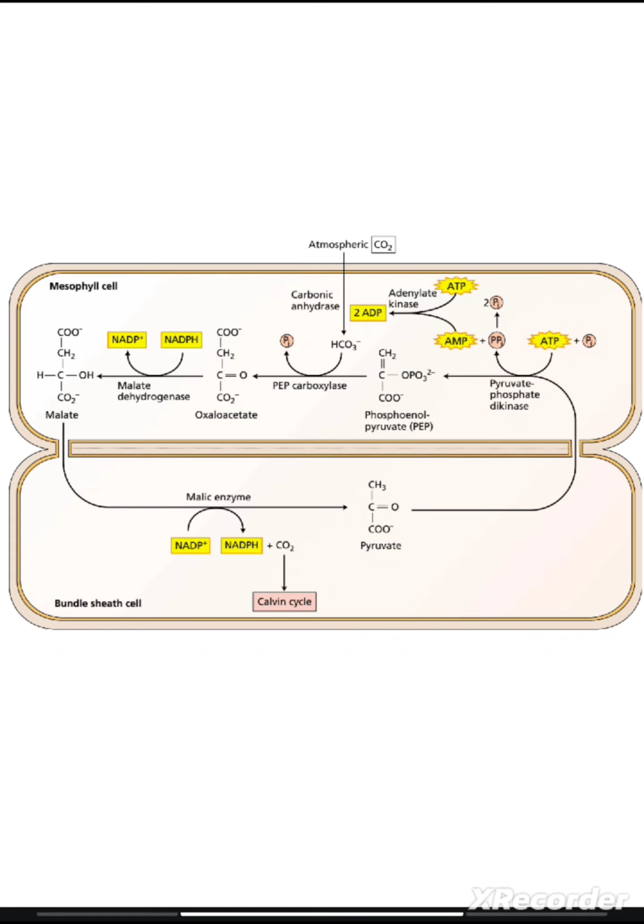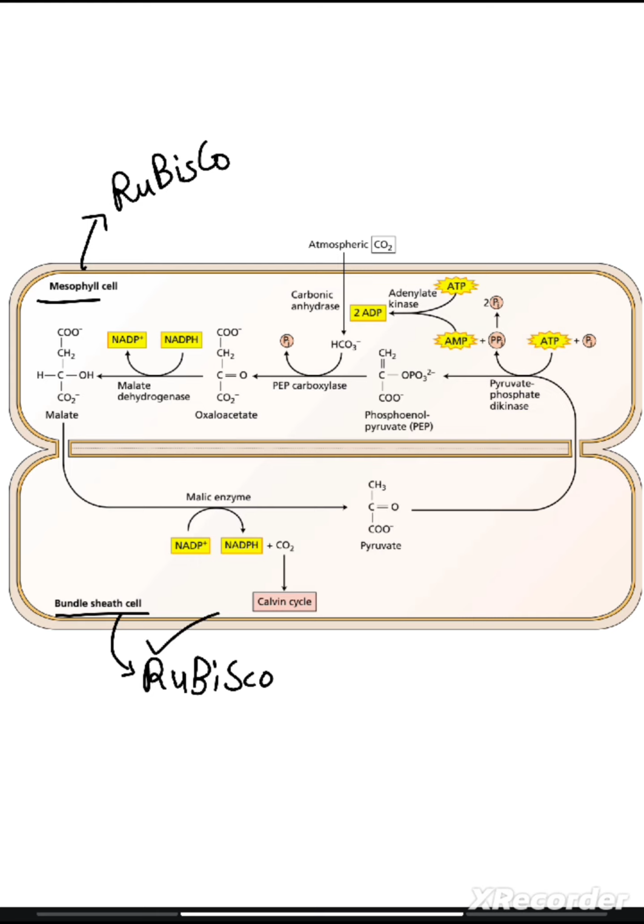Now we are dealing with the mesophyll cell and the bundle sheath cell. Remember that in the mesophyll cell, there is no enzyme RuBisCO, while in the bundle sheath cell, the enzyme RuBisCO is present.